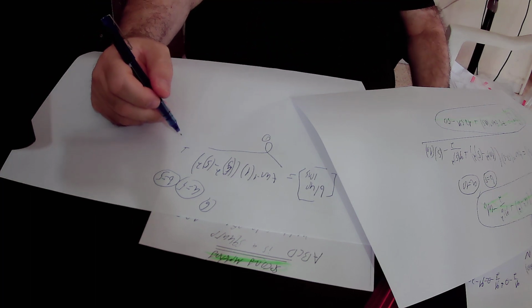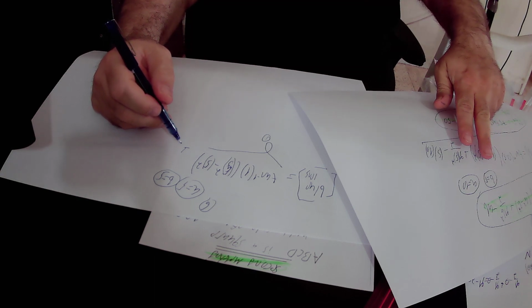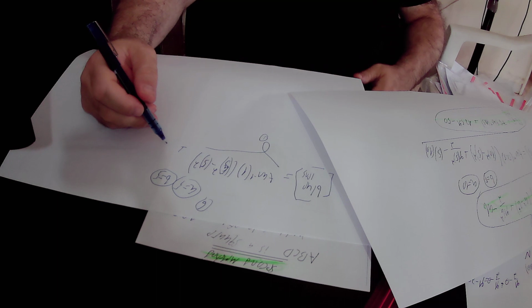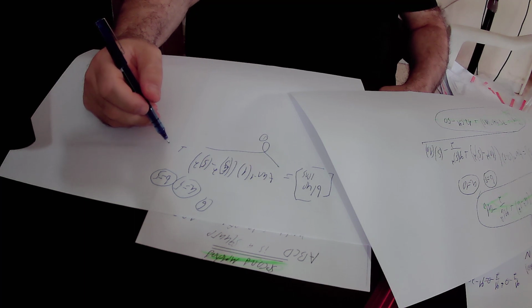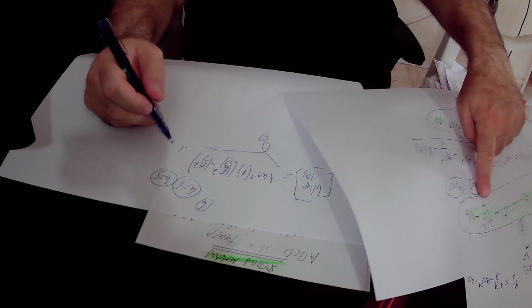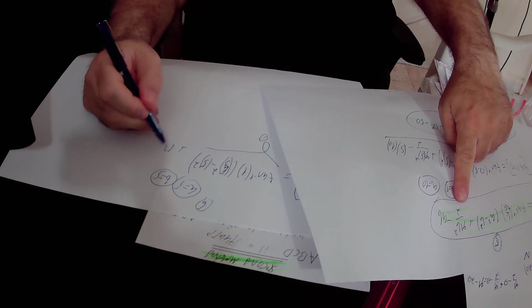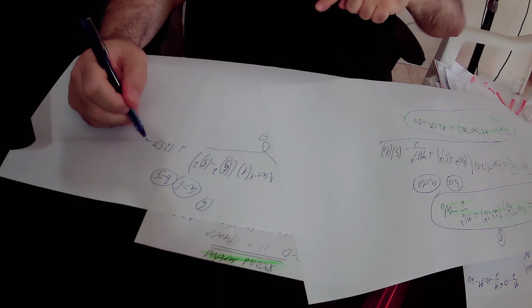Plus pi b squared over 2. B is 5, b squared is 25. 25 over 2 is 12.5, so in conclusion this expression pi b squared over 2 equals 12.5 pi, minus AB.